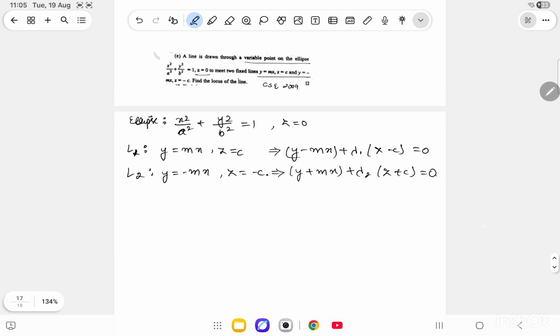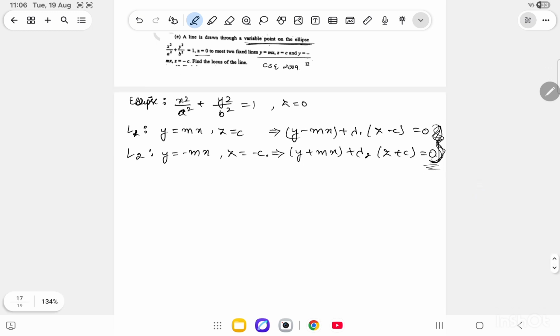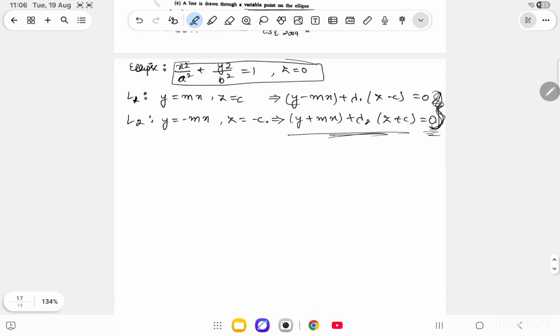Further, it is given that a line is drawn through a variable point on the ellipse, and that line meets the intersection of these two planes, basically the line of intersection. So if a variable point lies on this ellipse, then the z coordinate of that variable point must be 0, and that must satisfy the equation of planes as well.